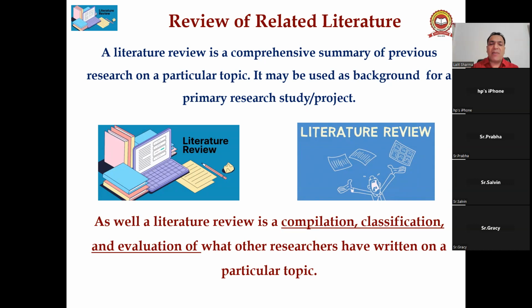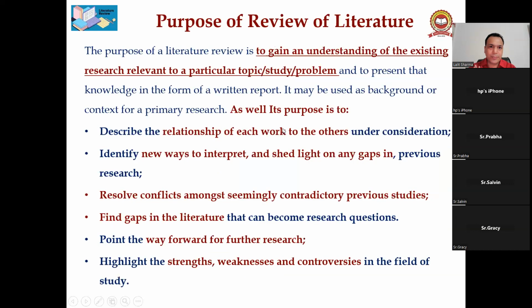So once you have identified the problem, the next step is reviews. Reviews of related literature. These reviews give support to your study. Literature reviews. These reviews support your study. Okay, it may be used as a background for a primary research. It is written now, right?